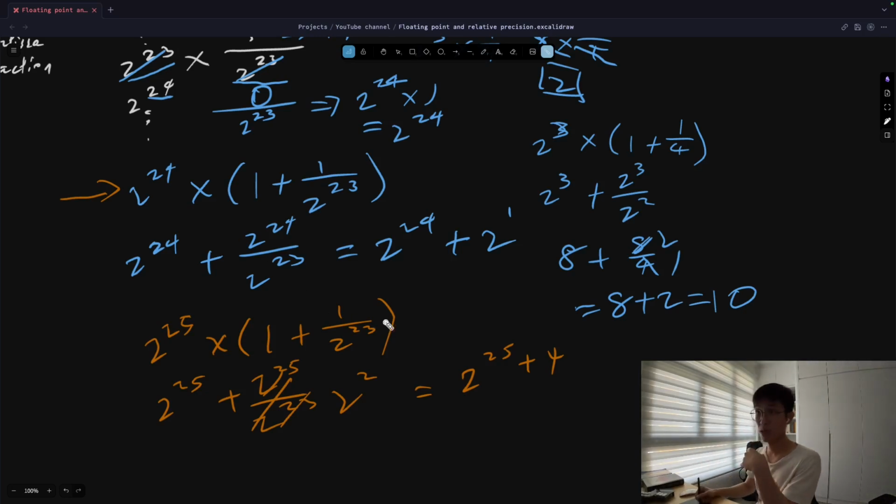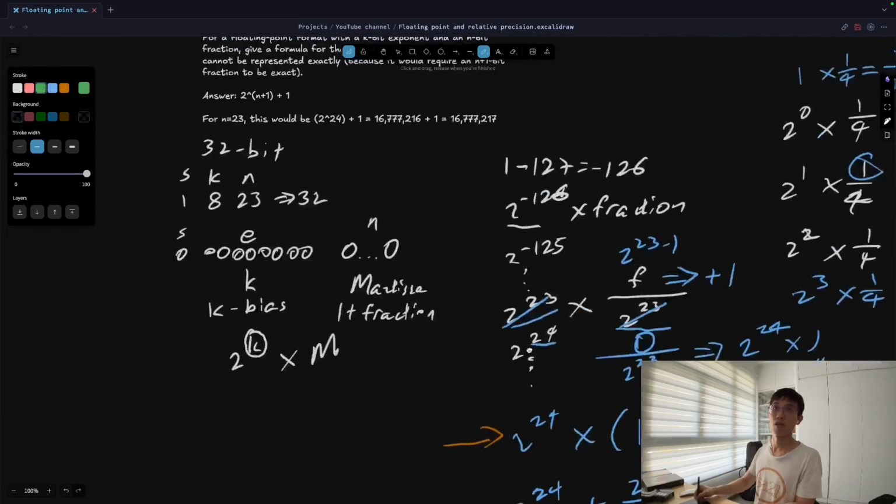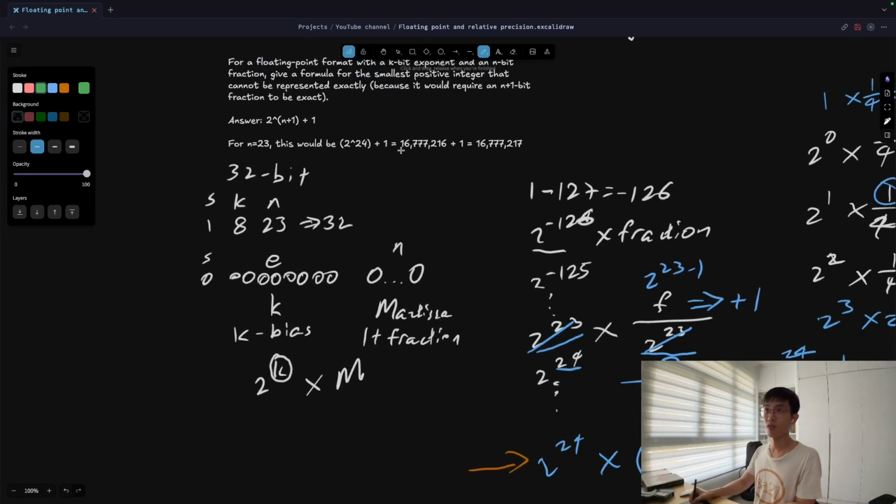Just for some context, 2 to the 24 is this value here, which is pretty large, right?